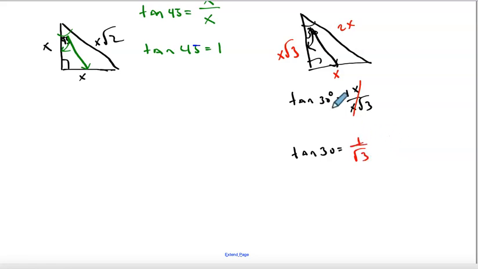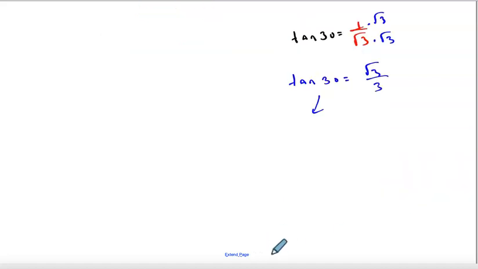And if we remember how to rationalize the denominator here, we're going to multiply the top and bottom by the square root of 3, so I can turn this into the tangent of 30 is equal to square root of 3 over 3. And if you verify that, am I correct? So I'm going to plug in the tangent of 30 degrees into my calculator, and I'm going to get approximately 0.58.